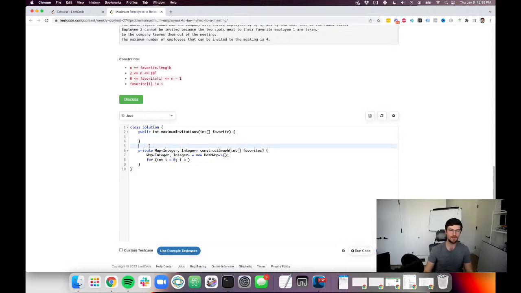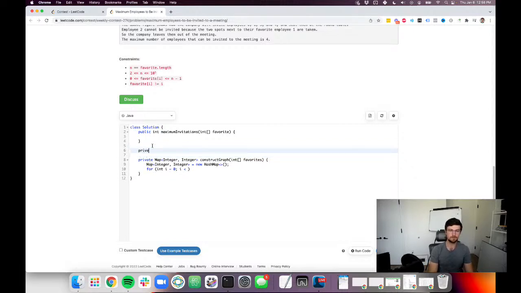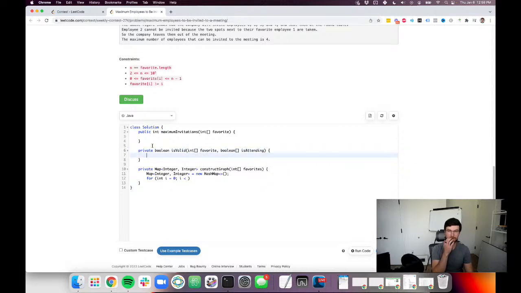So okay, let's actually try this. So we'll assume is attending is going to be which of the people are currently going to the meeting.